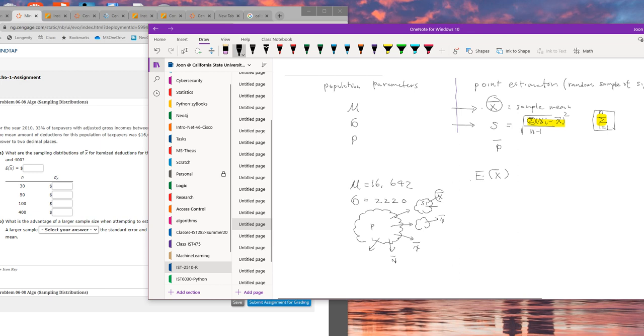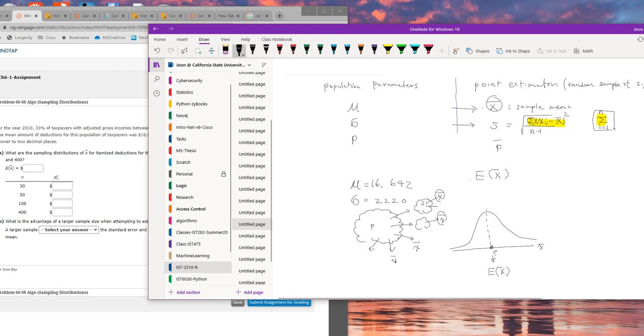So if we draw the probability distribution of the sample mean, you know that we will have this normal graph, right? So we know that this is the x bar. But basically, the expected mean is the value we need to find, which means the expected value of x bar.